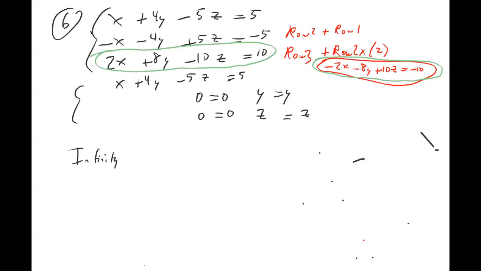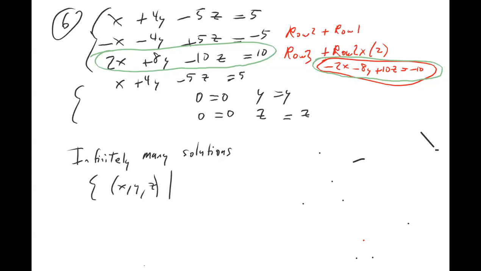Infinitely many solutions. And any solution would work as long as the first equation, which is the only one that really matters, is true. So the solution set could be any numbers x, y, and z, but not any numbers at all.